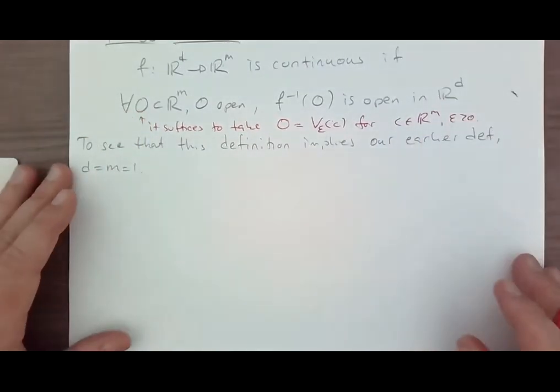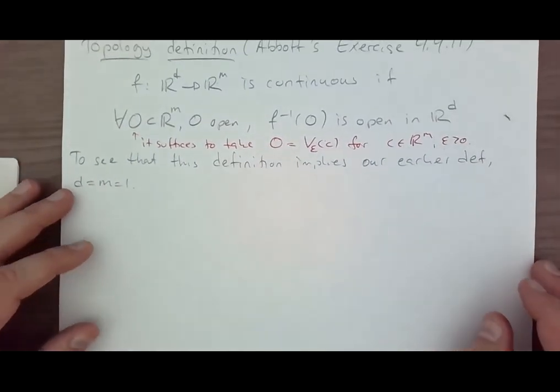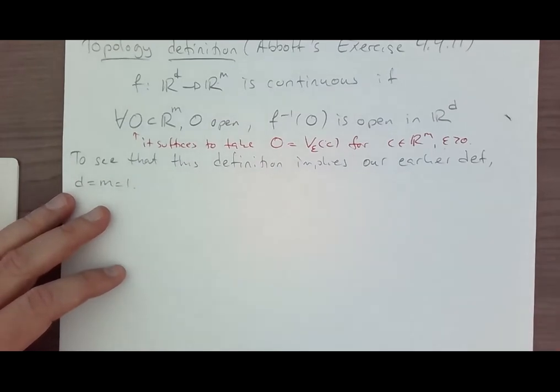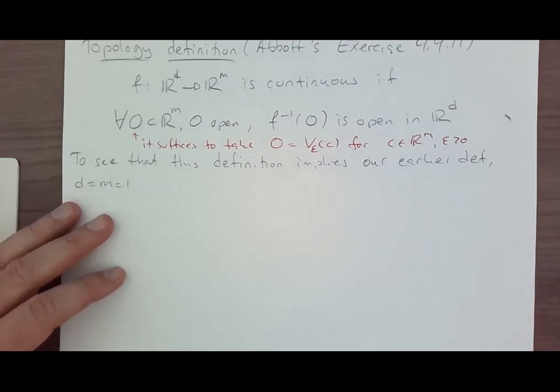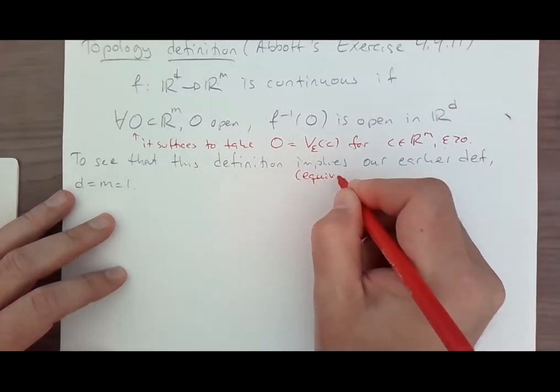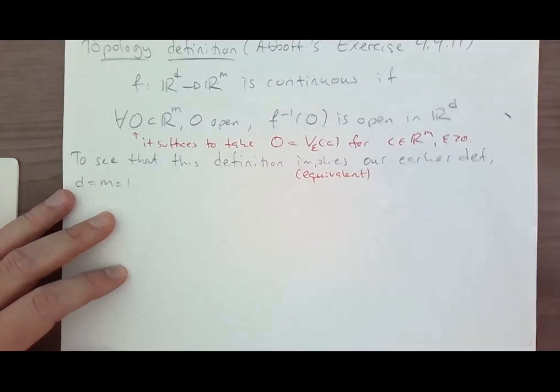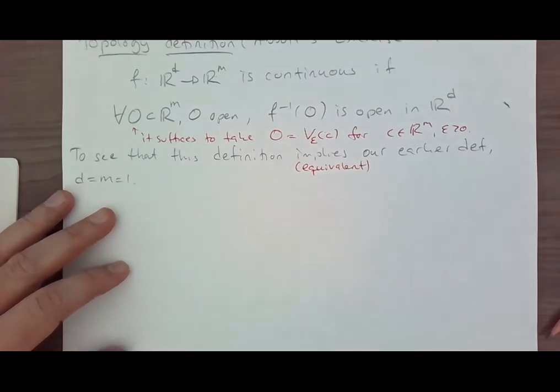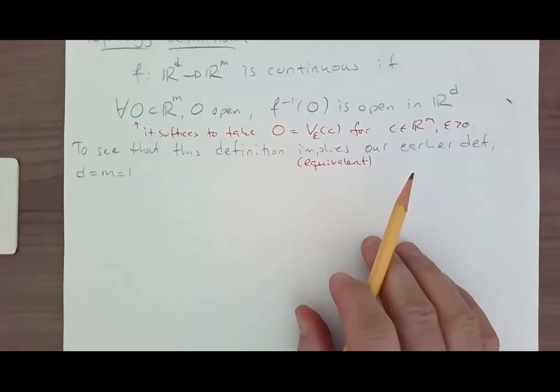And so just look at pullbacks of these open balls. So here I use the word implies, so it is really equivalent. But let me just do the implication, since we're trying to have a more informal discussion about this.